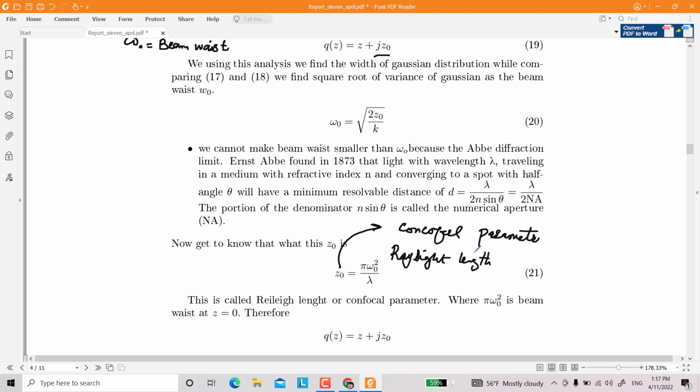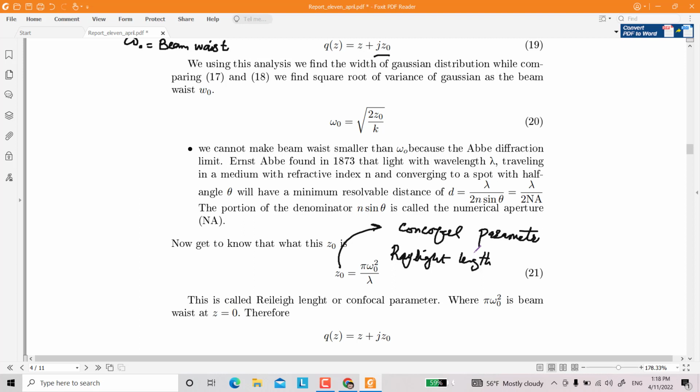If the beam waist is smaller for a given wavelength lambda, then the Rayleigh length will also be smaller. This Rayleigh length is going to be a very important parameter, which I will discuss later in this lecture, because for that we need some figures. The figures are in the next pages.